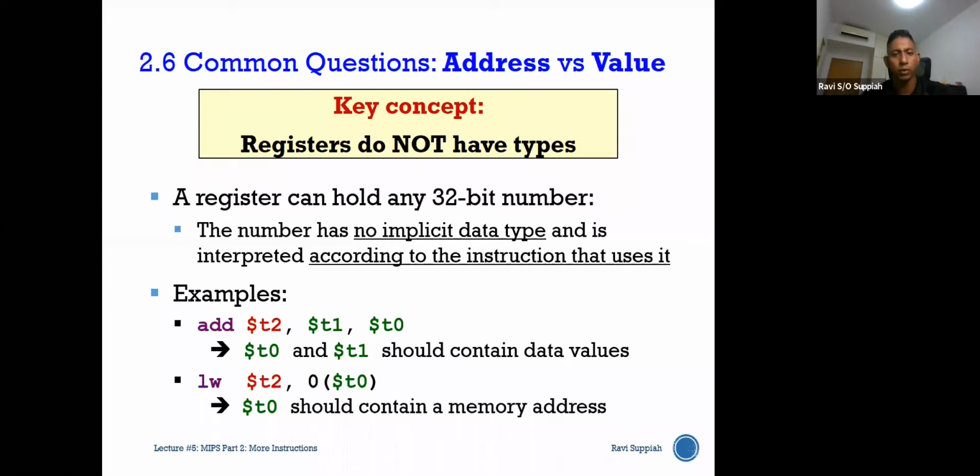And this is a very good way of putting that across. If I look at these two instructions, add and load, in both these instructions, I'm using the register T0. But the way in which T0 is used is very different in both these instructions. Because in both these instructions, I'm actually doing an add operation. That part we know.